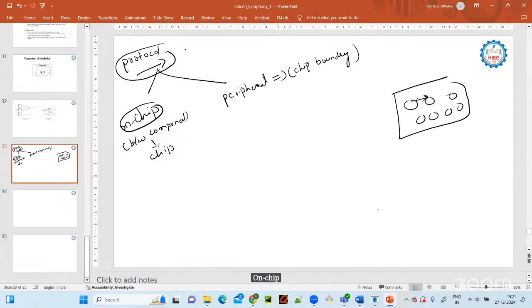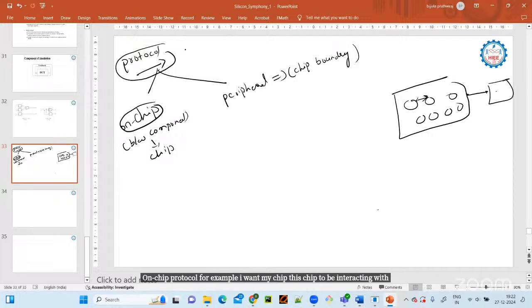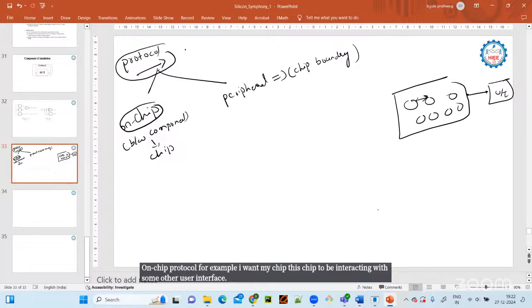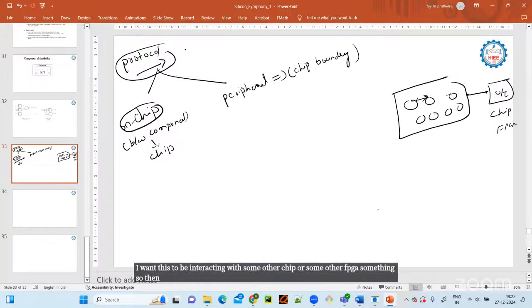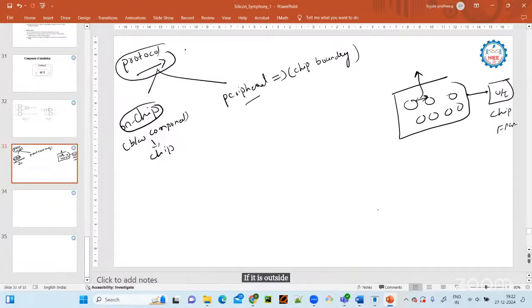If I want this chip to interact with some other user interface, or some other chip or FPGA, then what comes into the picture is a peripheral protocol. The name itself is telling: within the chip it is on-chip protocol, and if it is outside the world, then it is peripheral protocol.